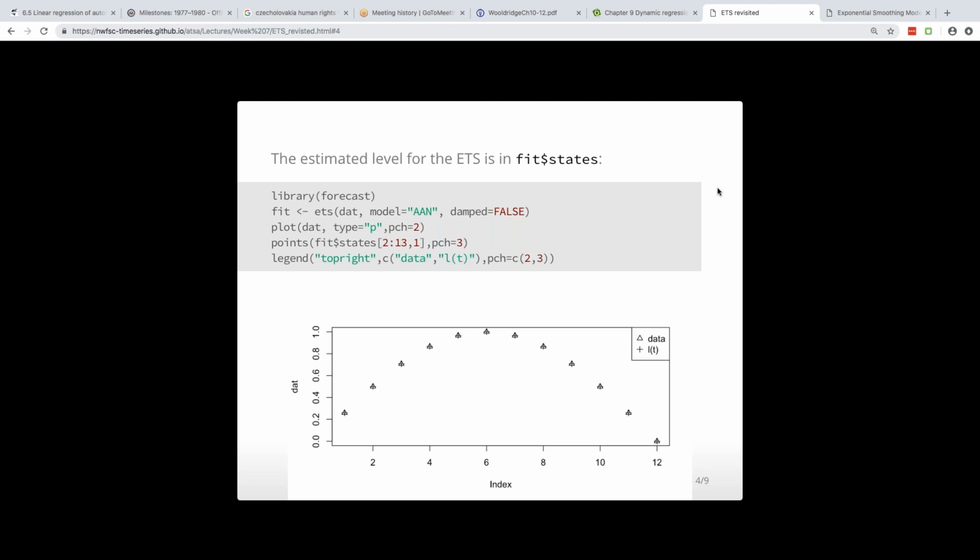The exponential smoothing function, its default when it fits a trend model is that if it's doing a really long forecast, it won't have that trend just going up and up and up. It will level off. And that's an ad hoc solution to doing really long forecasts.